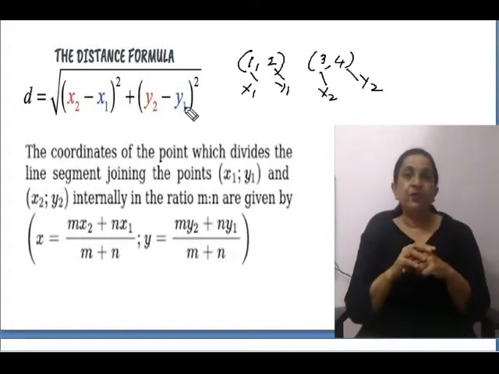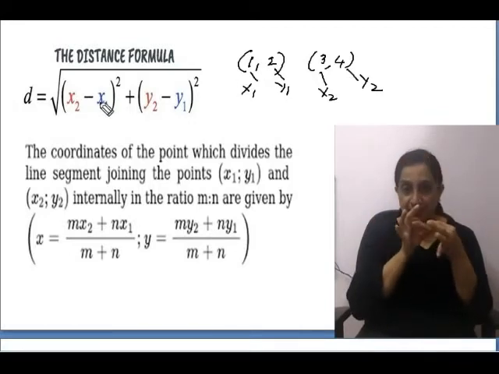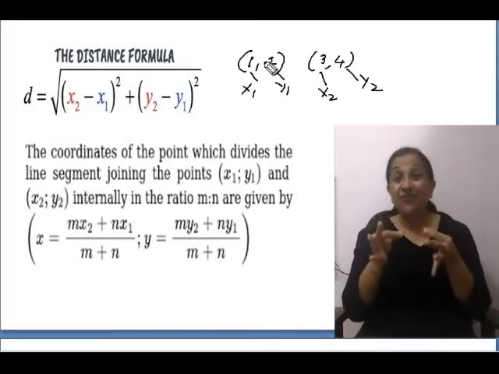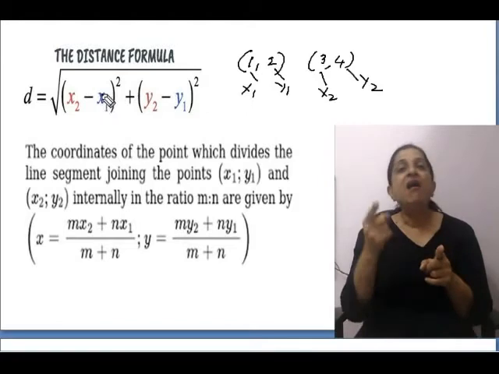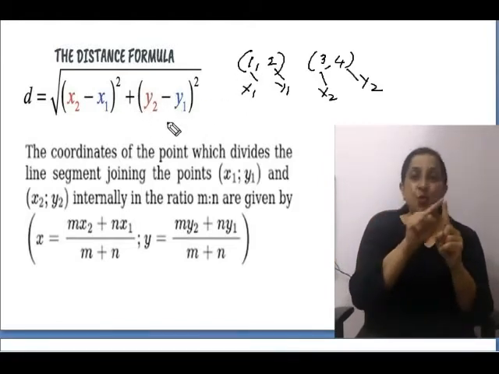So you have to put those values and find the distance. Remember, if there are minus values here, then you must put another additional bracket here while you solve the problems.